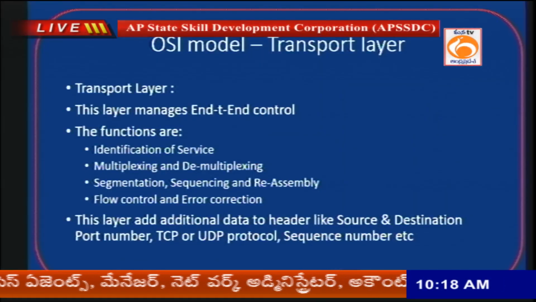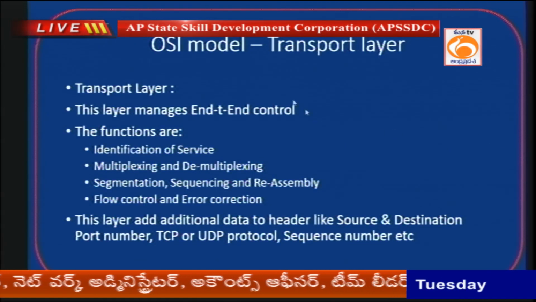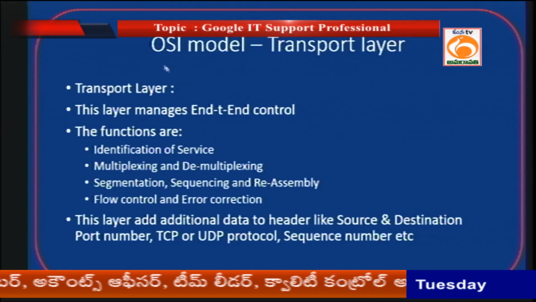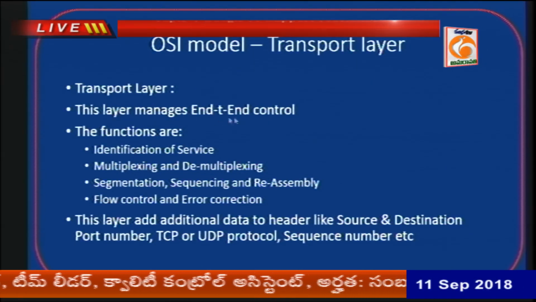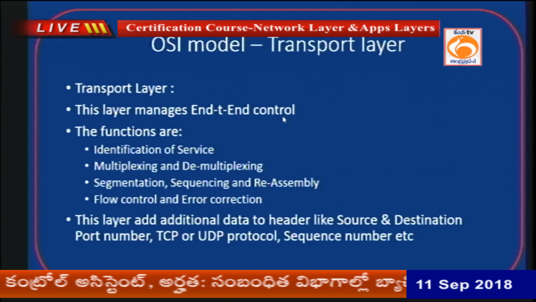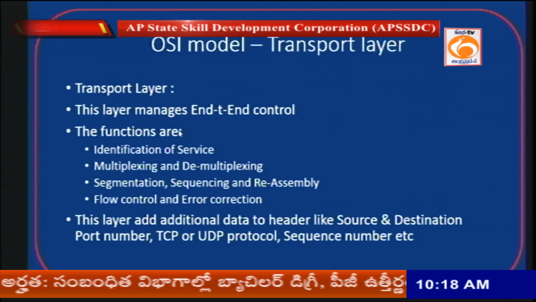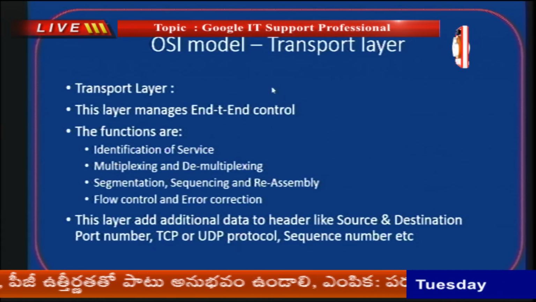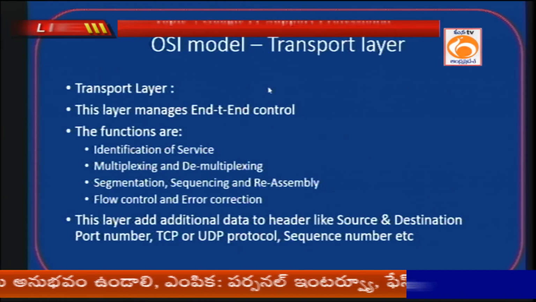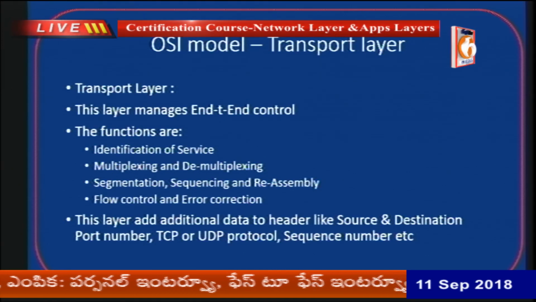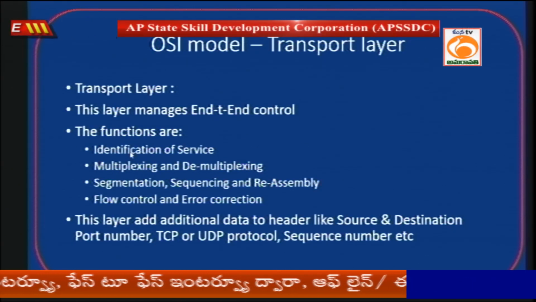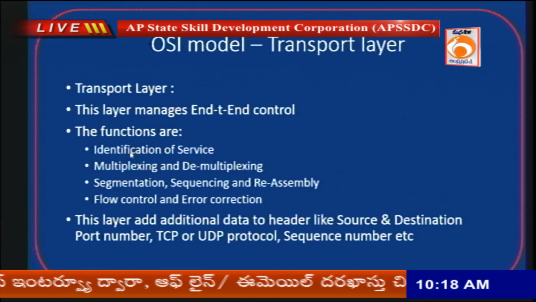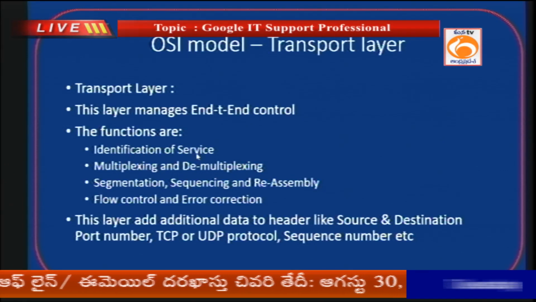So let us look at what the transport layer has to do. The transport layer provides end-to-end control, meaning when you want to send or receive data, end-to-end control is required, and that is taken care of by the transport layer. We can see here some of the functions that the transport layer performs. Identification of service.